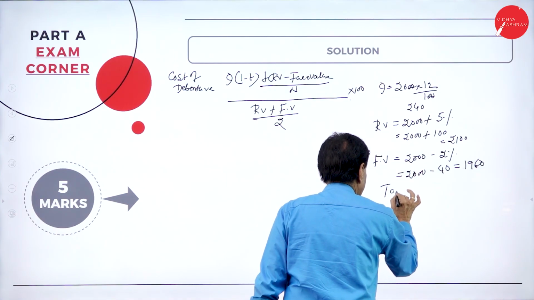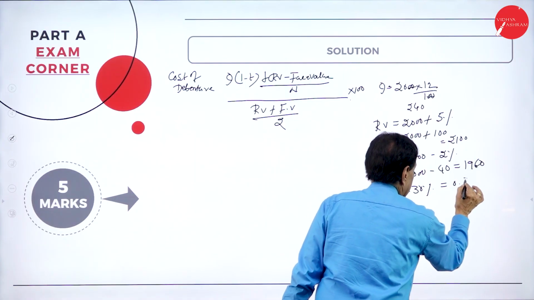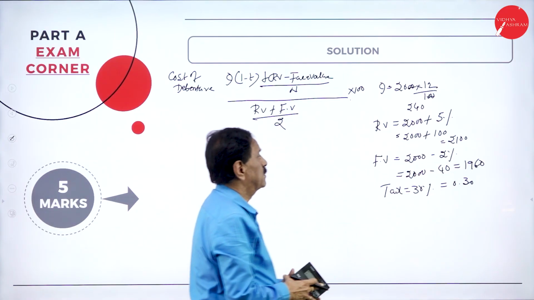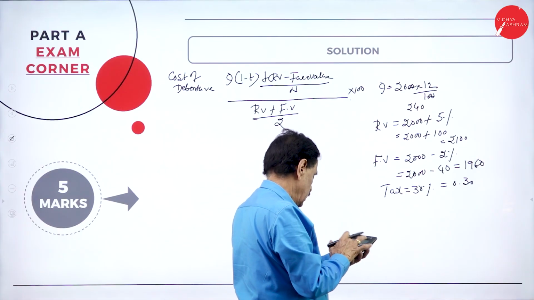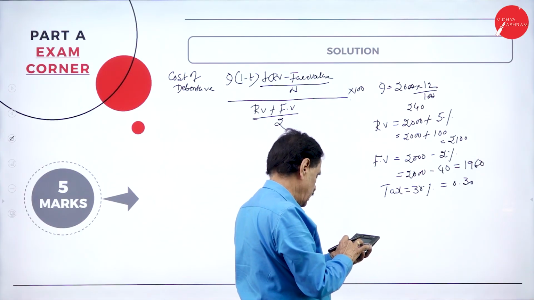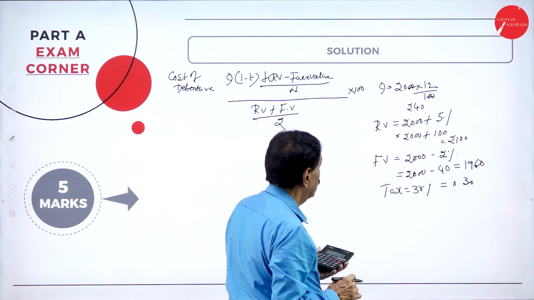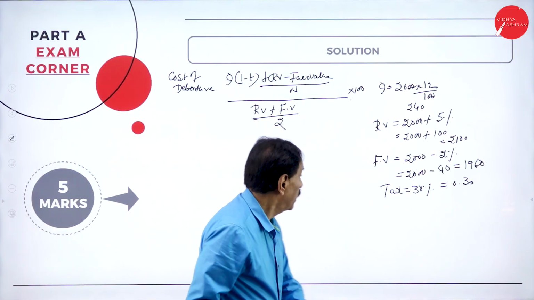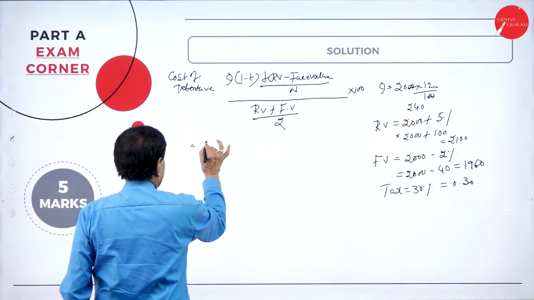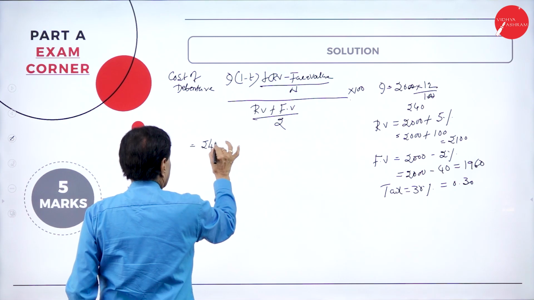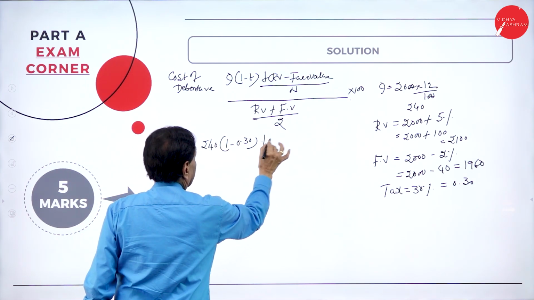Tax is 30%, 0.3. Redeemable value is 2000 into 5 divided by 100, which is 2100. Apply now. What's your I? 240. Into 1 minus 0.30, plus.